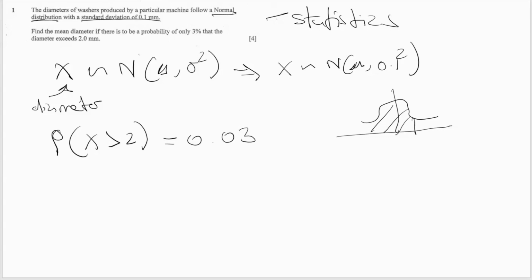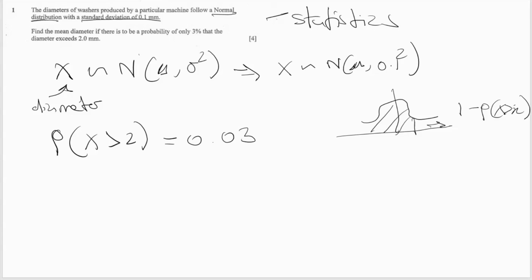So when we have greater than, that means the area to the right. So typically we want to say 1 minus to get the area to the right. So this area.